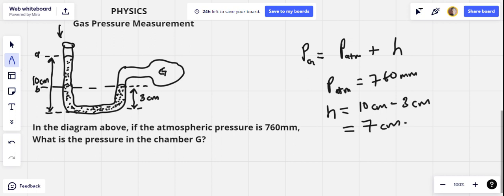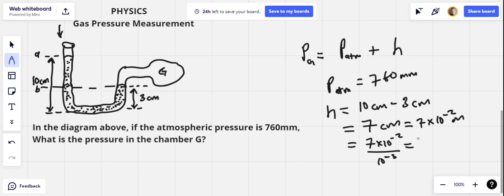First I convert from cm to meters, which is 7 times 10 raised to power minus 2 meters. Then to convert it to millimeters, that is 7 times 10 raised to power minus 2 divided by the numerical value of milli, which is 10 raised to power minus 3.